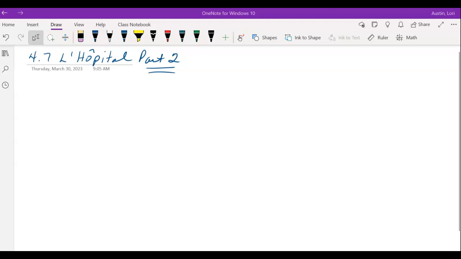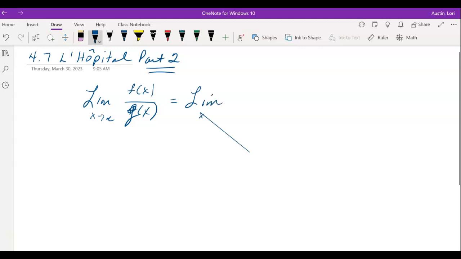Basically, L'Hopital's rule in a nutshell says that if you have the limit of a function over a function as that function goes to something, that is the same as the limit when you get these indeterminate forms.